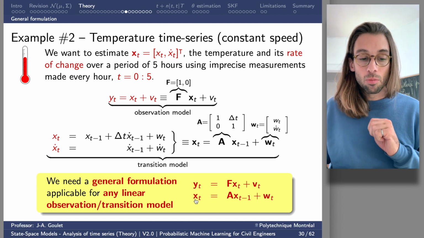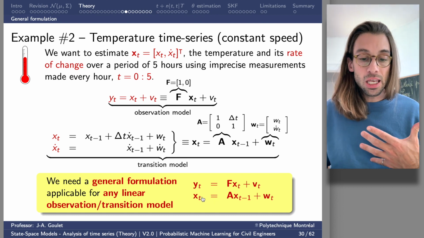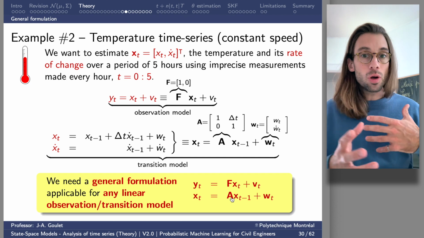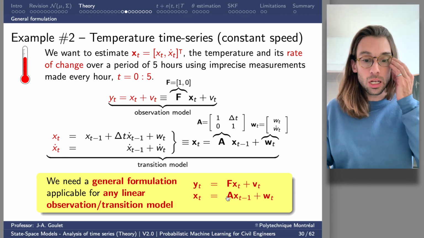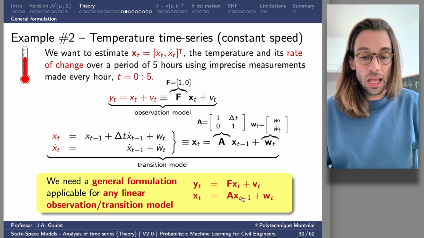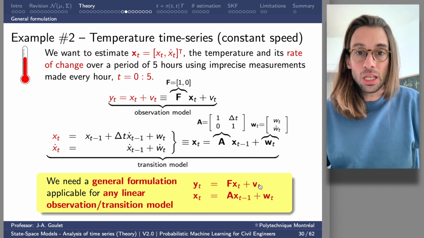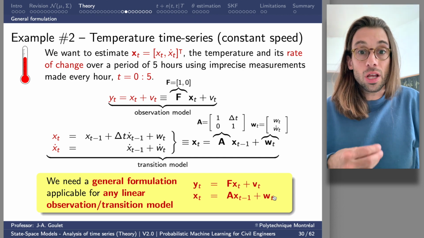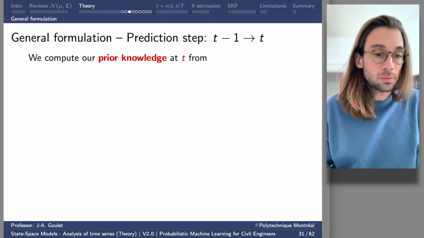And we have our transition model, xt equals A xt minus 1 plus wt, where A is the matrix that says how my transition process works between my variables in xt and those in xt minus 1. And keep in mind, vt are my observation errors, and wt are my transition process errors.